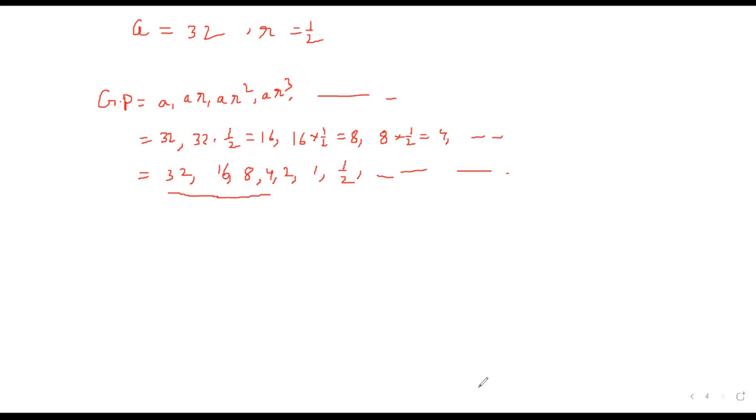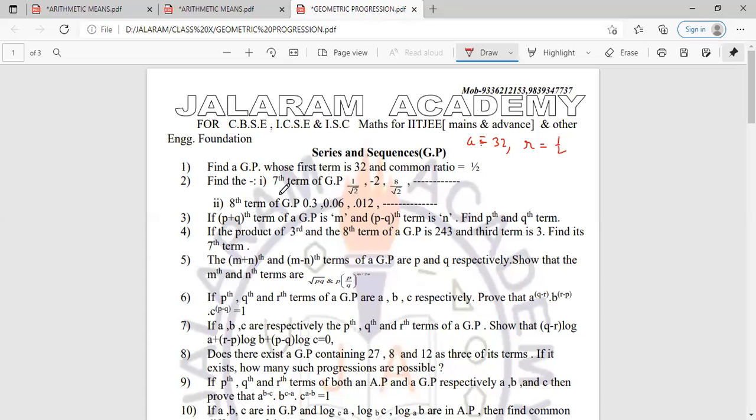Similarly, we can solve the other questions, like question number 2. Find the seventh term of the GP 1 by root 2, minus 2, 8 by root 2. So first we write the question.